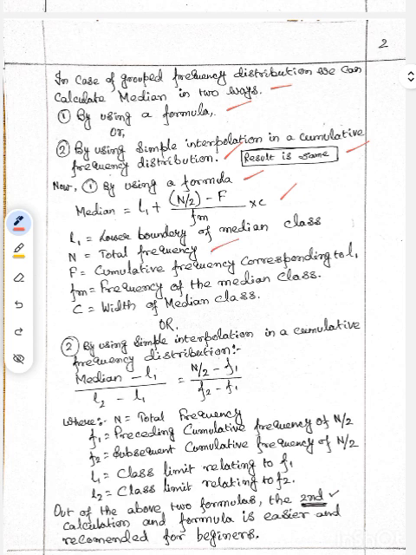L1 is the lower boundary of the median class, and F is the cumulative frequency corresponding to L1, fm is the frequency of the median class, and c is the width of the median class. So first we draw a cumulative frequency distribution table, and from that we find n, and on the basis of n we get the values of L1, F, fm and c, and putting the values in we get the median.